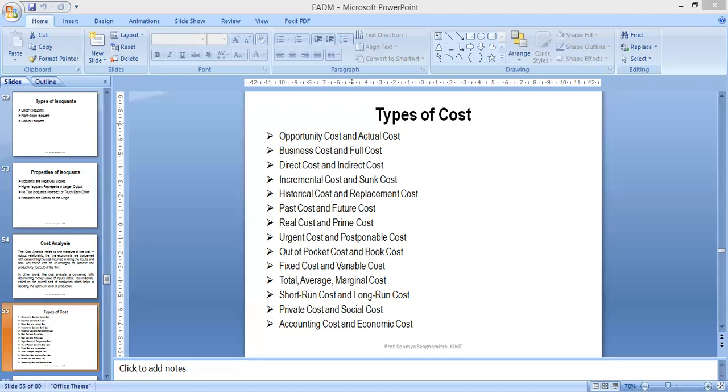The past cost and future cost. Past costs are the costs which have been actually incurred in the past. They are beyond the control of the management because they are already incurred, and these costs can be evaluated with retrospective effects.